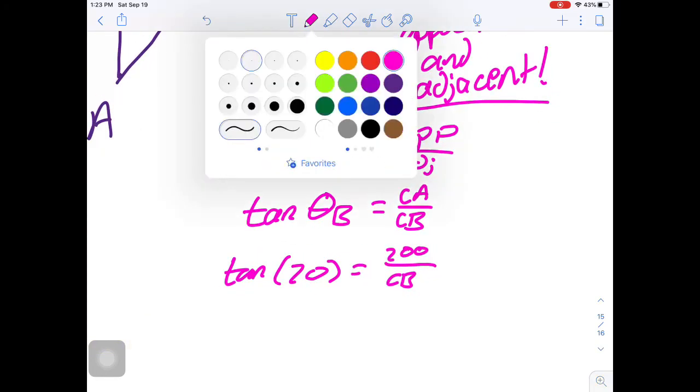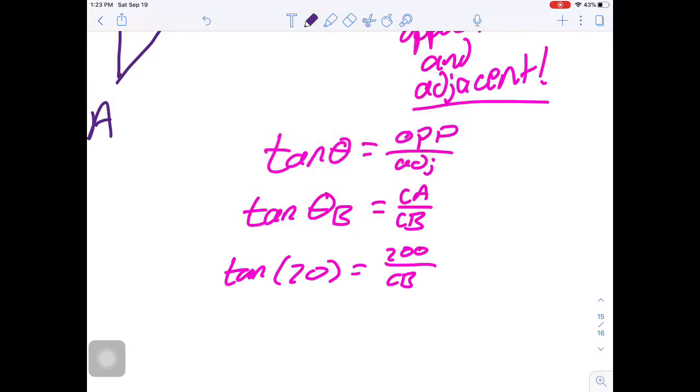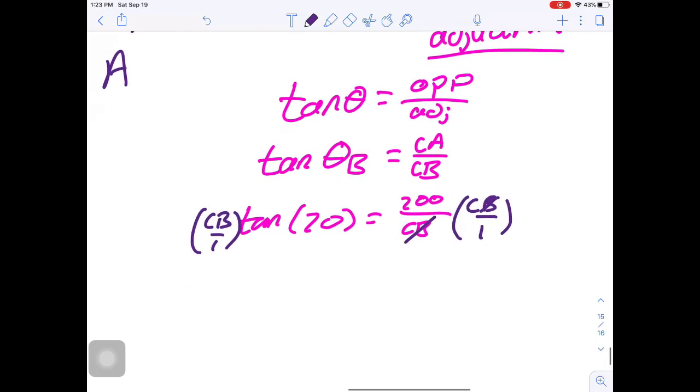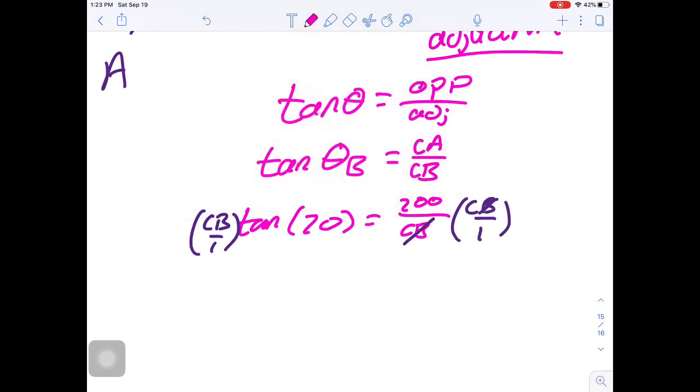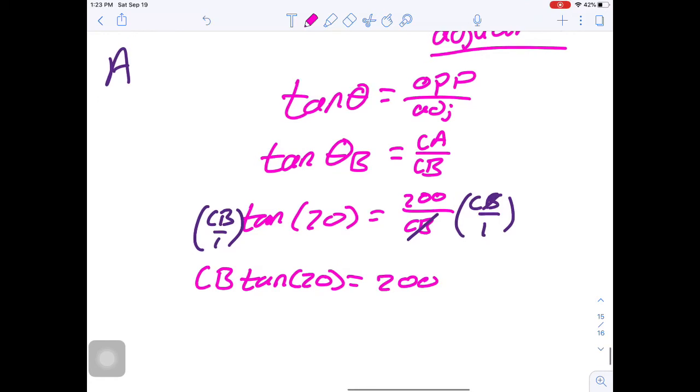And remember, we've talked about how to solve for this bottom value. We always want the thing we're solving for on the top. We want it as a numerator. So I'm going to multiply both sides by C to B over 1. That's going to cancel out my C to B. What that gives me is C to B times tan 20 equals 200.